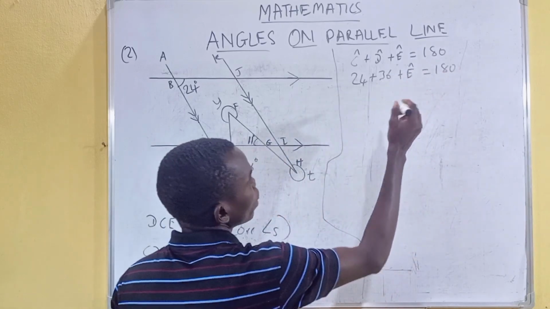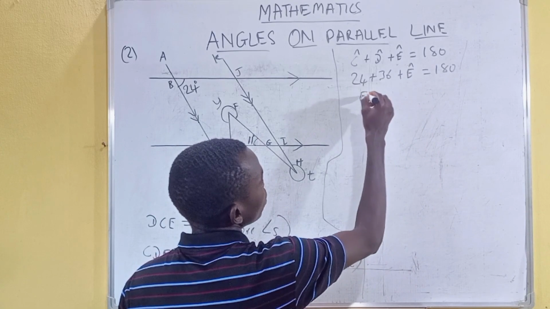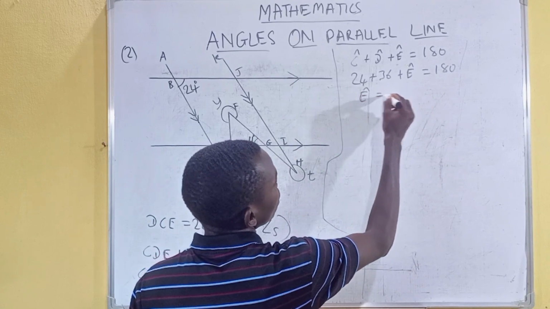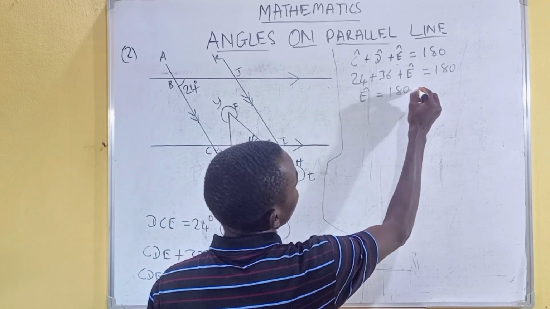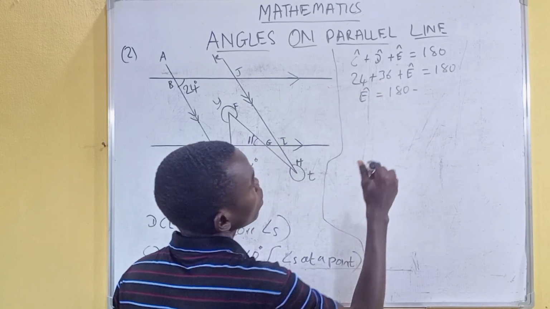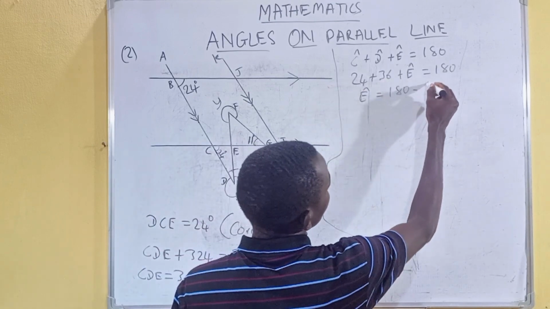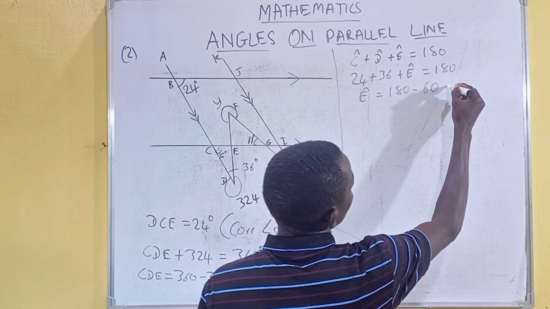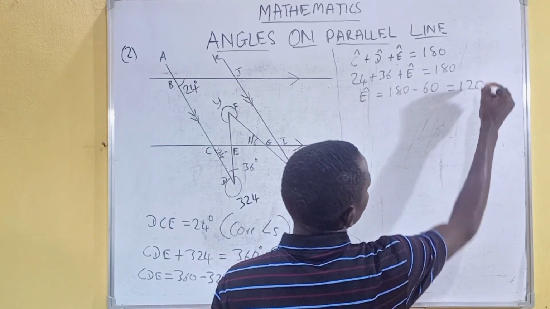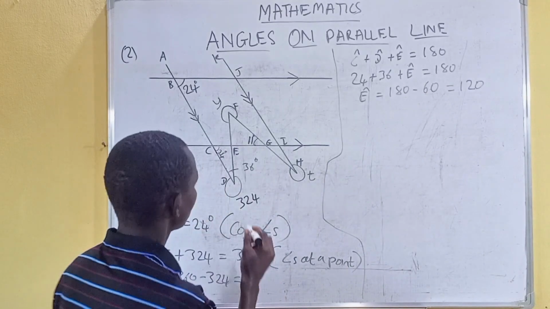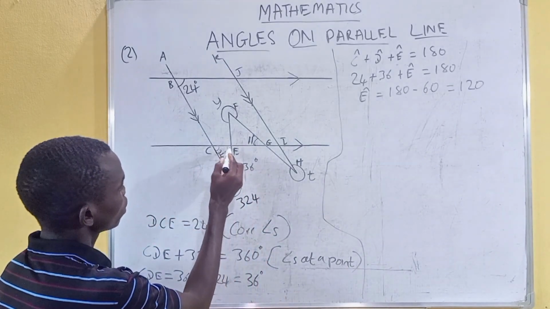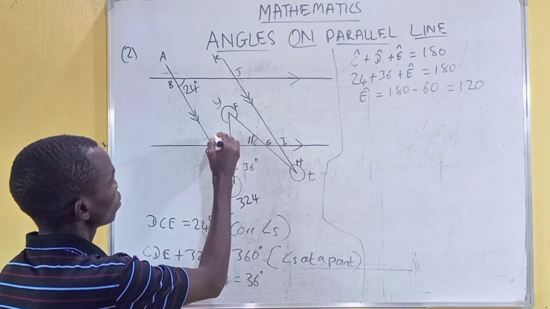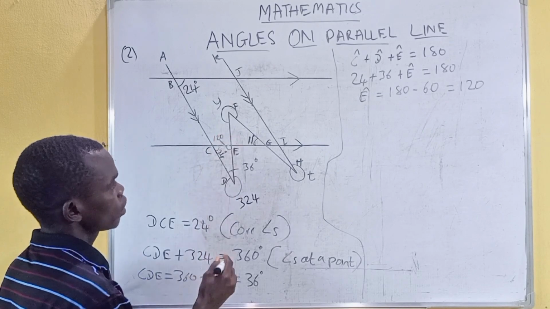So if we make this angle the subject of the formula, we have angle E will now be equal to 180 minus this plus this, which is 60. So 180 minus 60, we have 120. So from here, this angle is equal to 120.